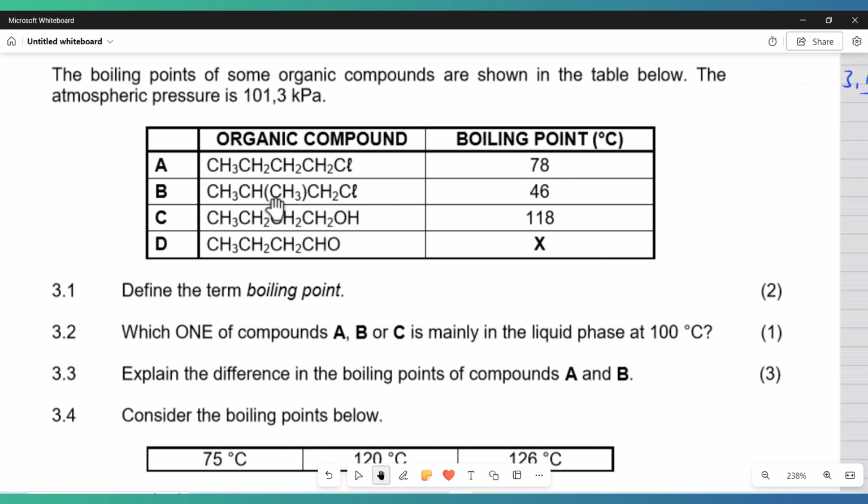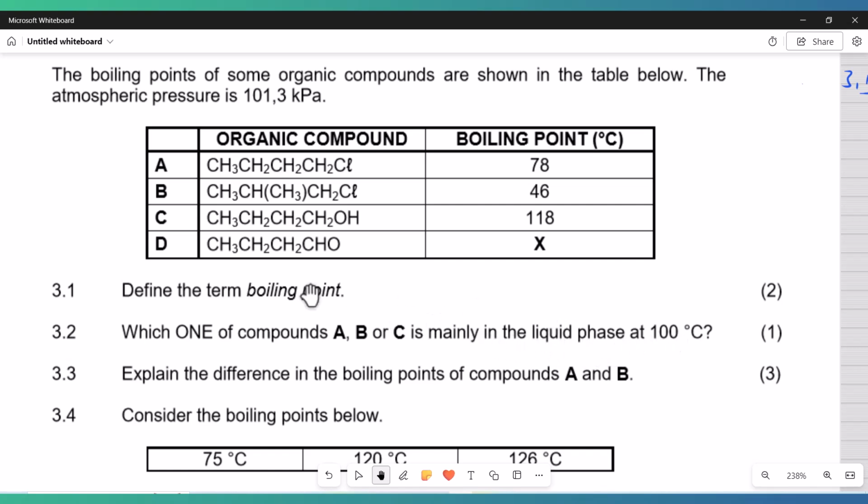What about B, 46? It is boiling, so at 50 there is already some gas. By the time we reach 100, almost all the gas is finished. So it is liquid mainly.